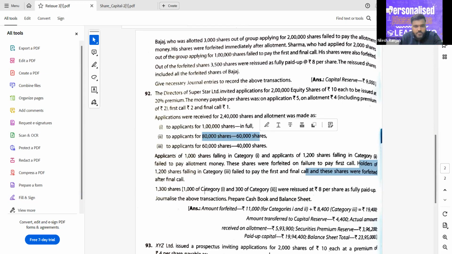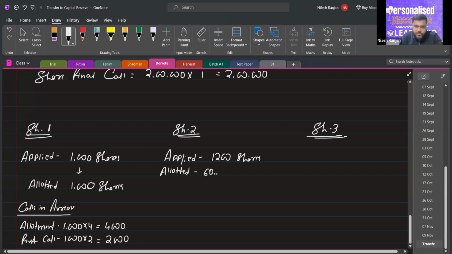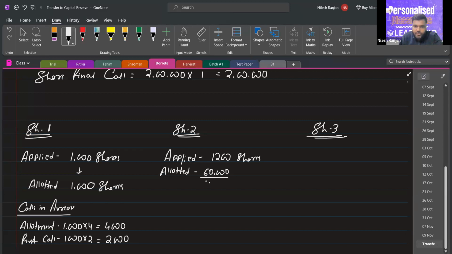So 60,000 divided by 80,000 into 1200. So allotted share is 900 shares.